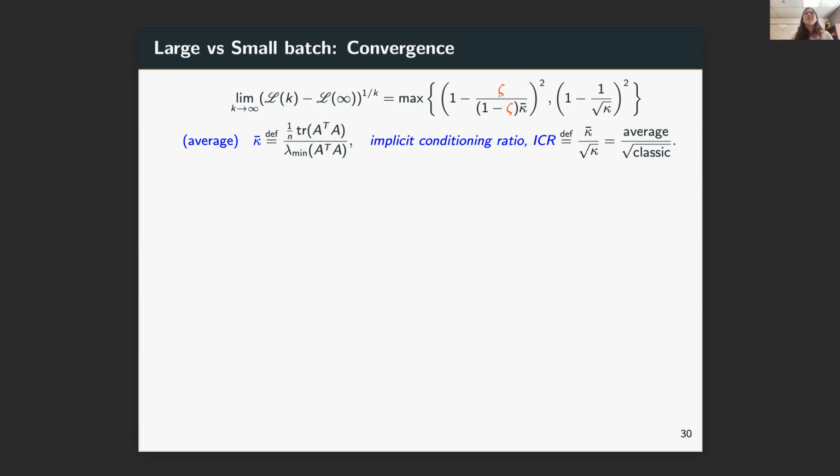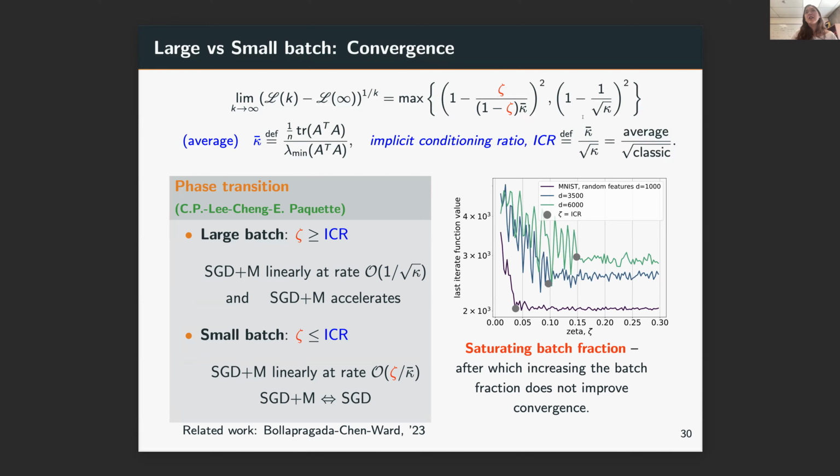You can also ask, well, it means that there has to be a transition where you take a large enough batch and you switch over from behaving like SGD, where you're only getting an average condition number convergence, to something which has the classic accelerated rate of 1 over square root of kappa. And that occurs if you balance these two terms off at exactly the average condition number over the square root of the classic.